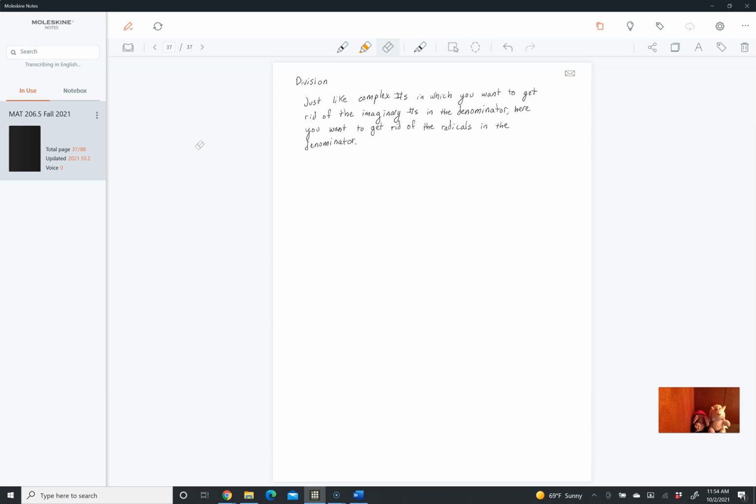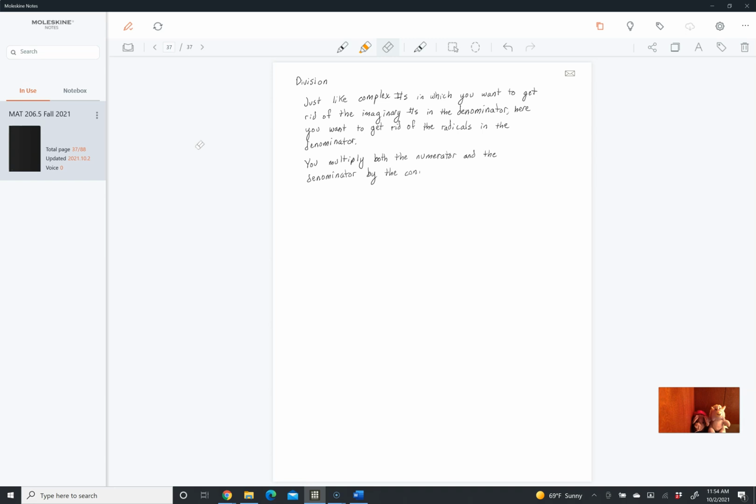How do we do this? Just like in complex numbers. The only difference is that we don't call it complex conjugate. We just call it a conjugate. So what do you do? You multiply both the numerator and the denominator by the conjugate of the denominator.